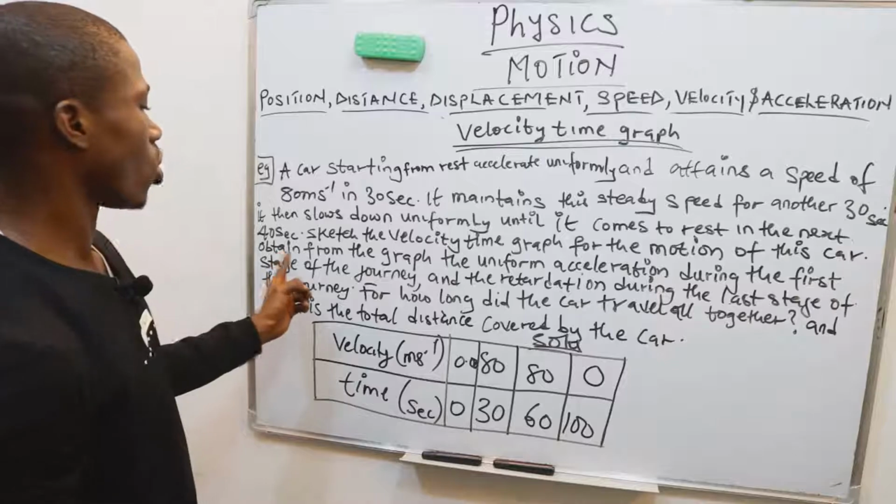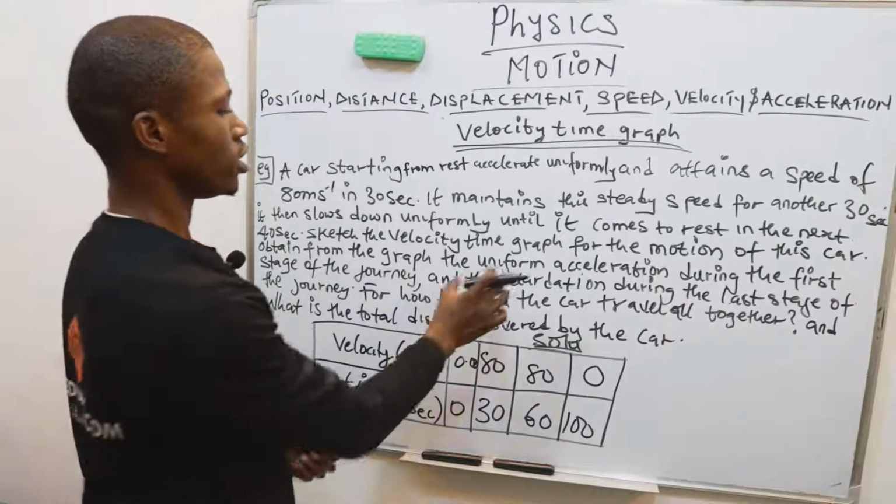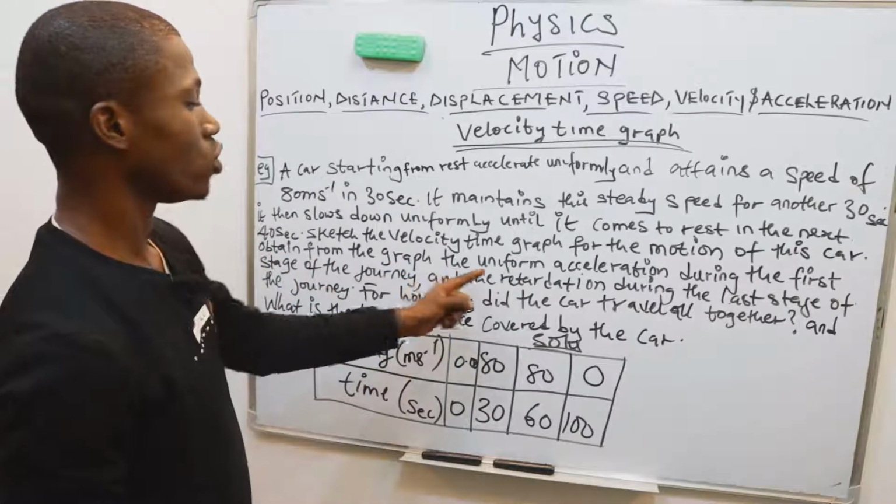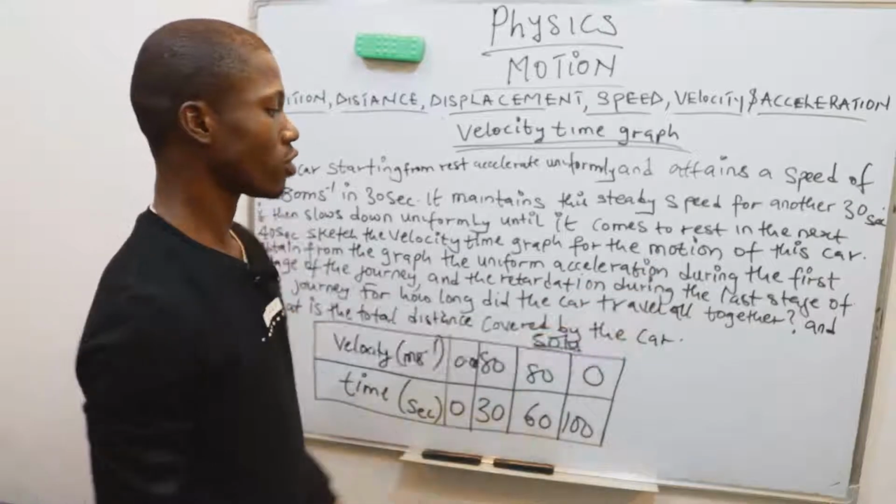It now asks us to obtain from the graph the uniform acceleration during the first stage.